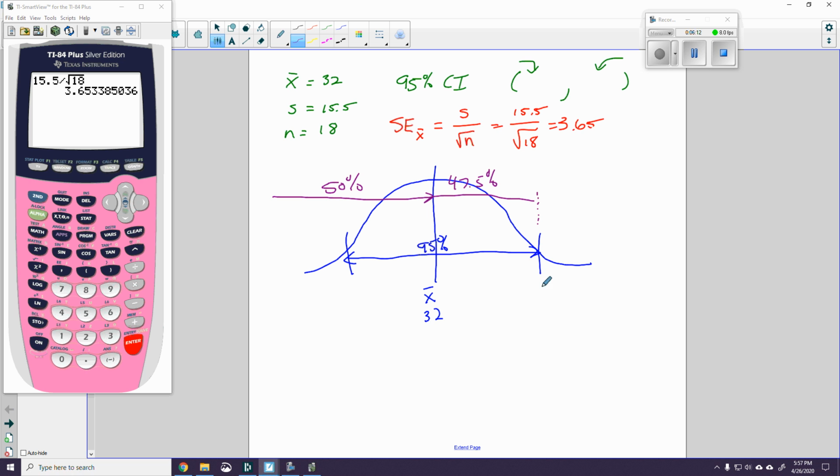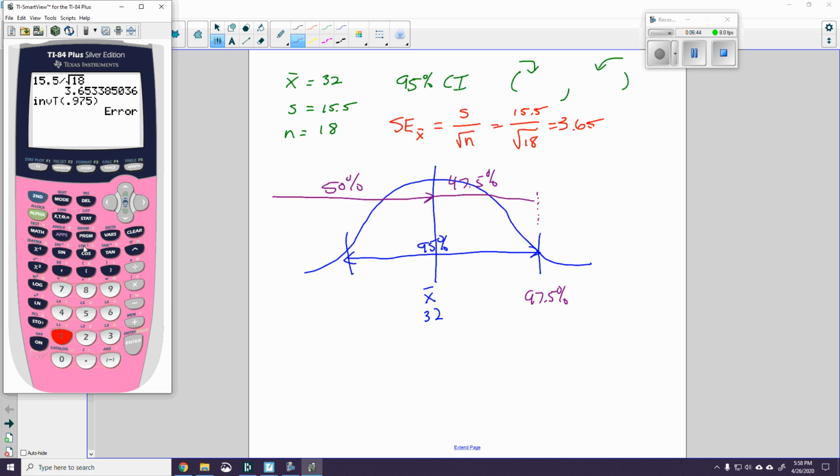So this number right here is the 97.5 percentile. So I'm going to go to my calculator and say second distribution, and I'm going to do inverse t because this is a t distribution. So I go 4 and I go 0.975. Now if I just stop right there and put the other parenthesis and hit enter, I'm going to get an error.